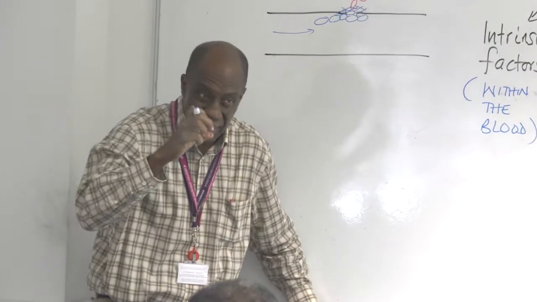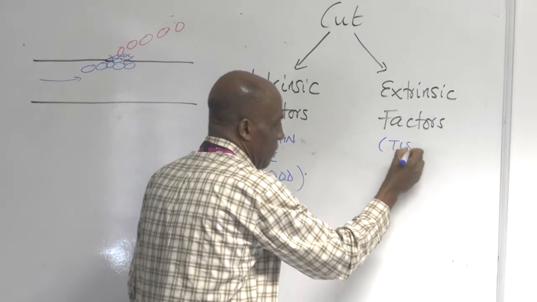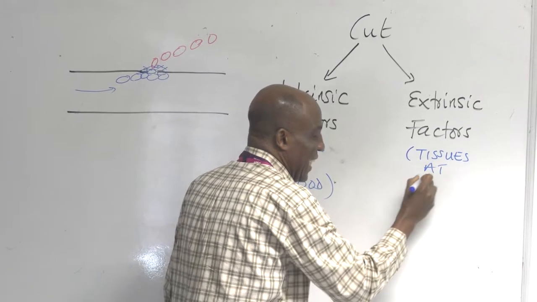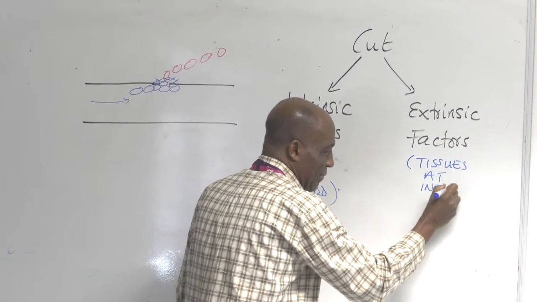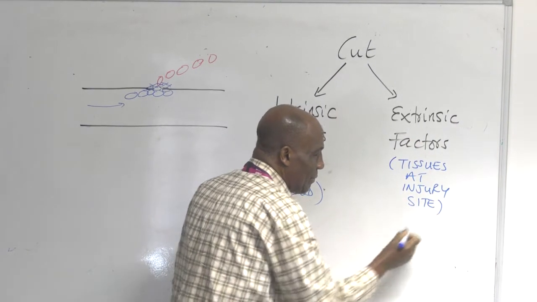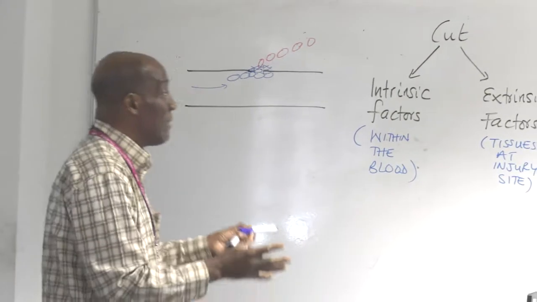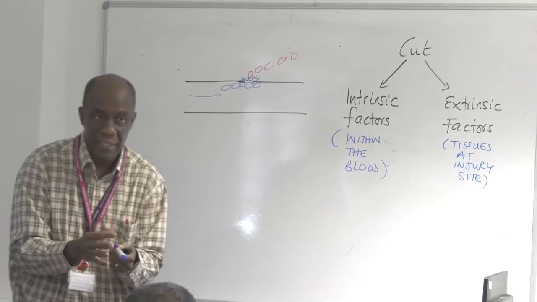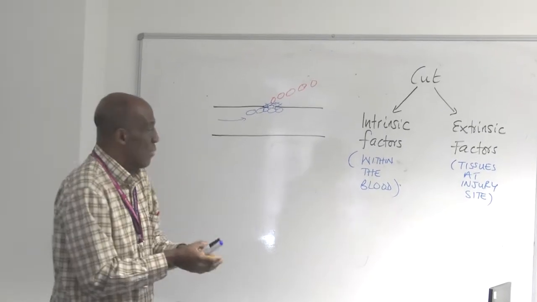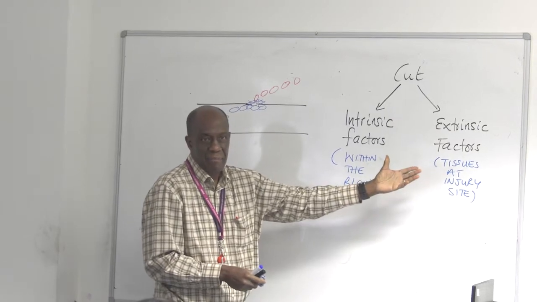The extrinsic factors are the tissues at the injury site. A lot of times when you are marking, students are unable to even mention intrinsic and extrinsic, and they are unable to explain the role intrinsic plays and the role extrinsic plays.